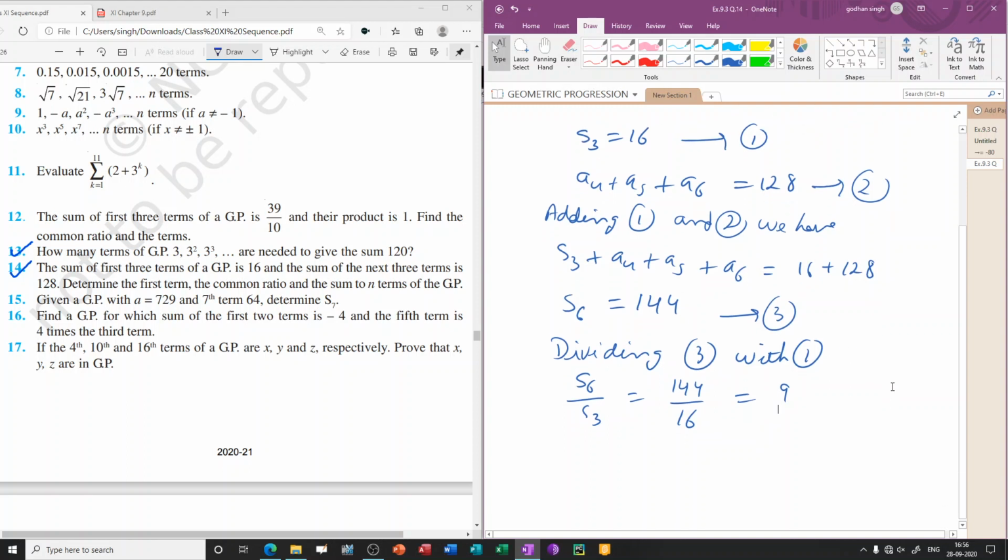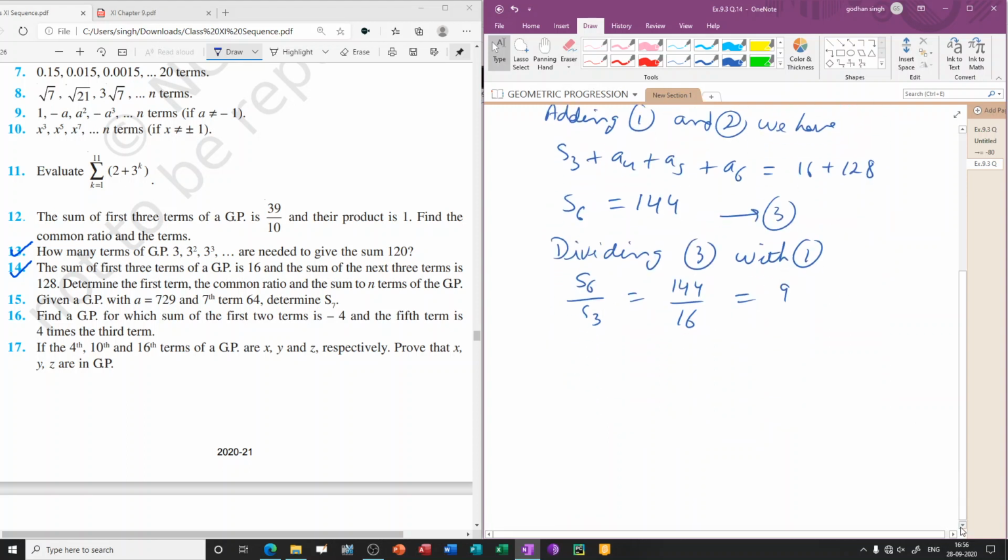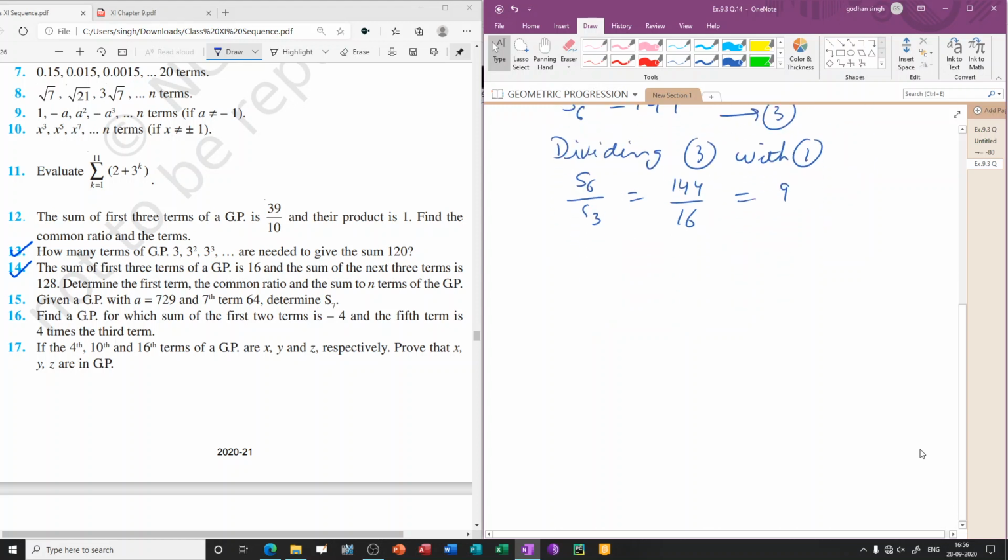Now we'll be putting the formula of Sn. So what is Sn? A into r to the n minus 1 over r minus 1. So A1 into r. What is r? R we do not know, so we'll be keeping r as it is. But what is n? N is 6. So r to the 6 minus 1 over S3 can be written as A1 into r cube minus 1.